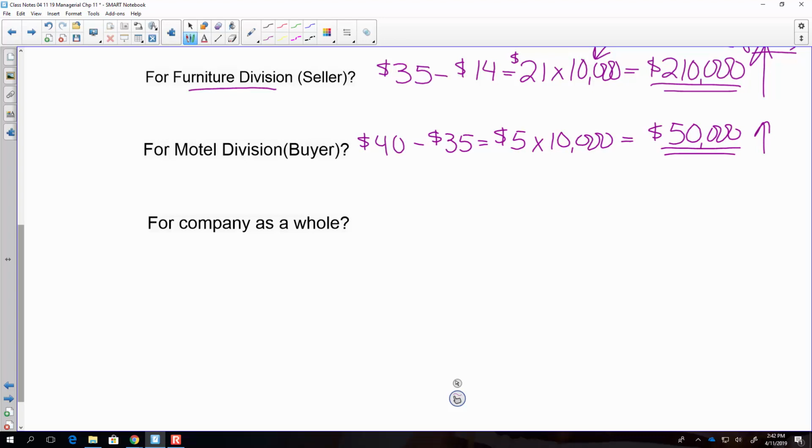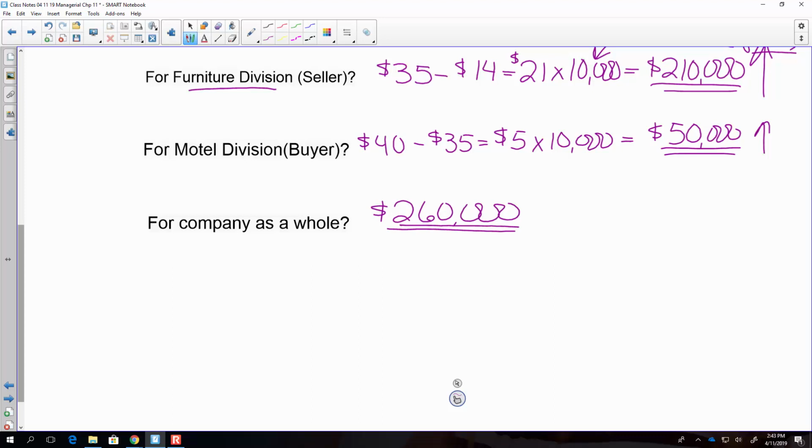So in this particular case, both companies are excited to have this opportunity to make more money. The negotiated price is a good price, somewhere within the range. And for the company as a whole, they would make $260,000 then additional profit by selling it internally.